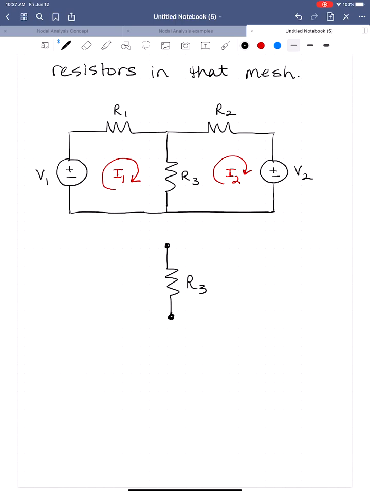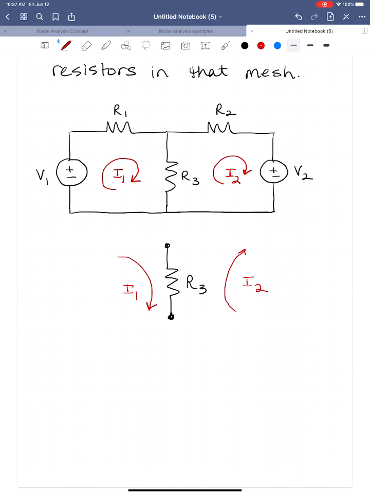So we're just pulling it out of the larger circuit, okay? If we look at this, we have I1 flowing in this direction, and we have I2 flowing in that direction. The actual net current that flows through R3 is the difference between the two because they're flowing in opposite directions.